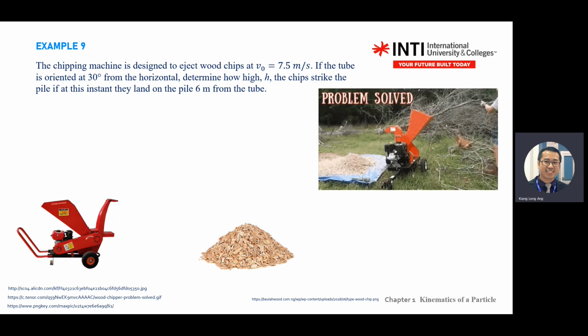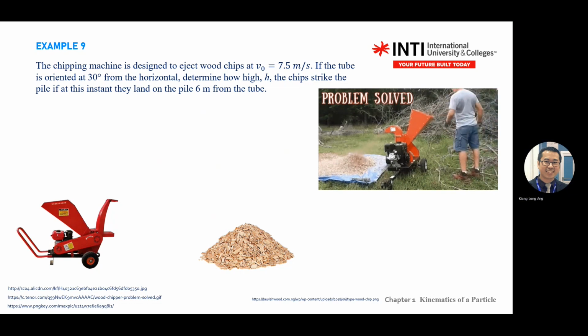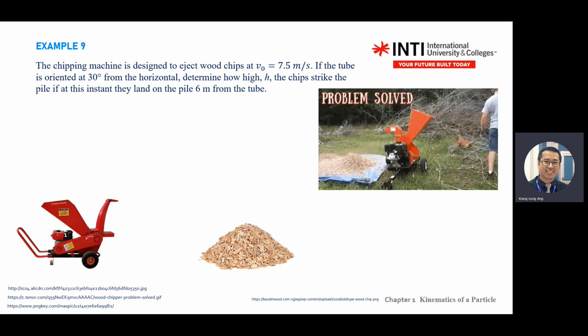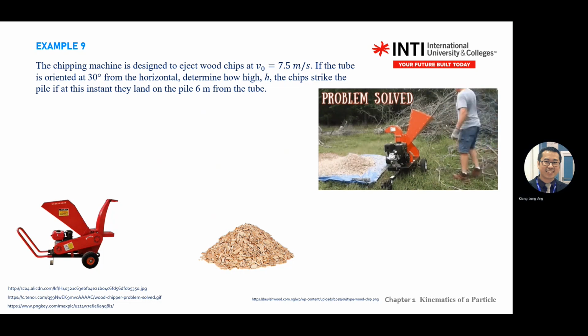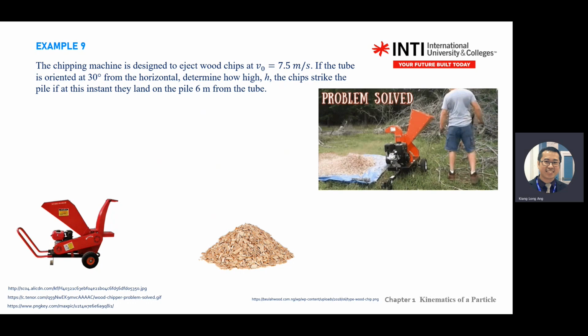So determine how high H the chip will strike the pile if at this instant they land on the pile 6 meters from the tube. So you are given the distance from here to here. You need to find the distance of the pile here, then you need to find the time they land, H.